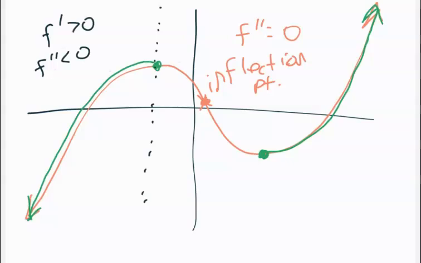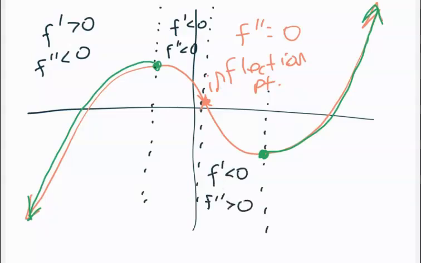Then from here to here, it's decreasing, right? It's downhill, but it's still concave down. So the first and the second derivative are negative. And then after the inflection point, it's still decreasing, so the first derivative is still negative, but it switches to concave up, so now the second derivative is positive.